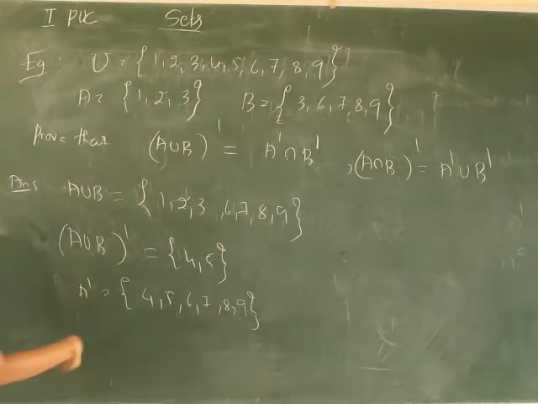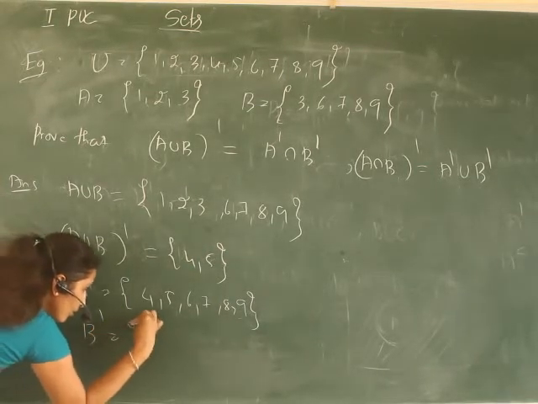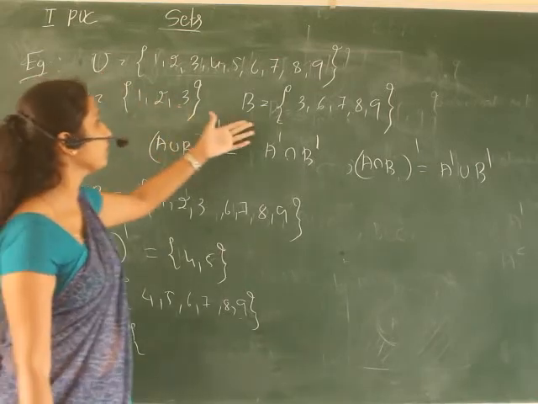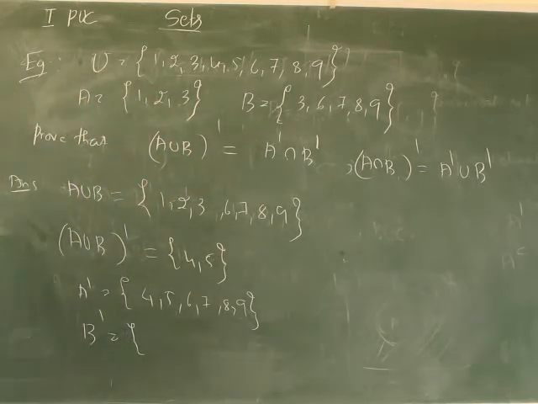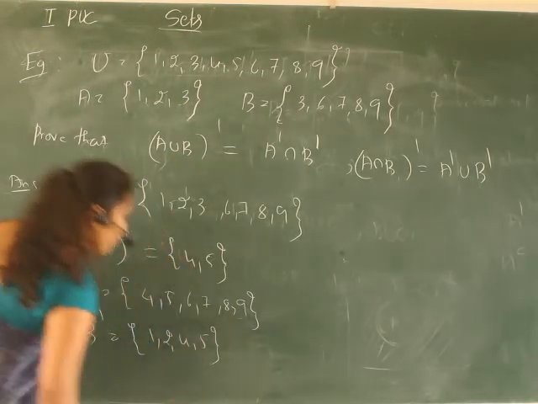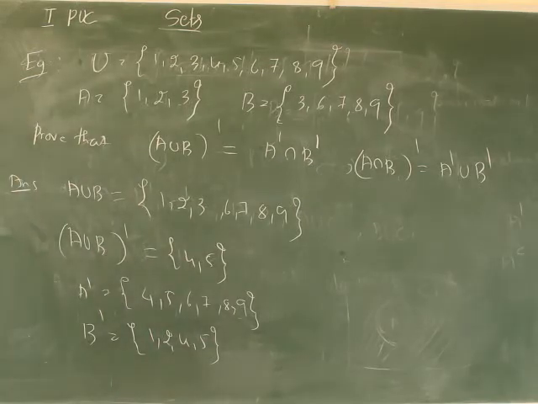Next I have to calculate B complement. B complement is the elements present in U but not in B. So it will be 1, 2, 4, 5. So this is A complement and B complement.